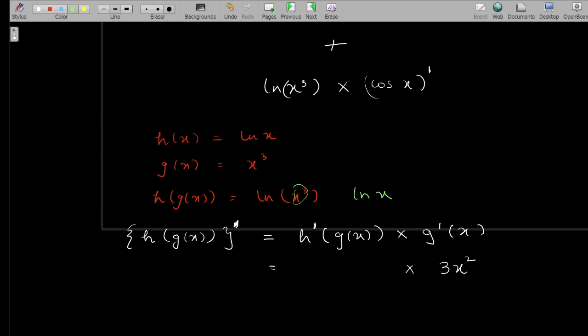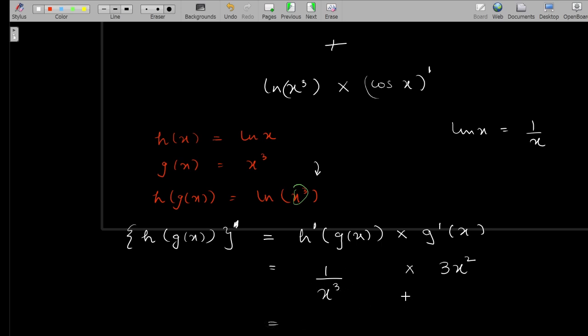So that means 1 over x cube, because the derivative of ln x is 1 over x, but you replace x by whatever you have here, so this becomes 1 over x cube.